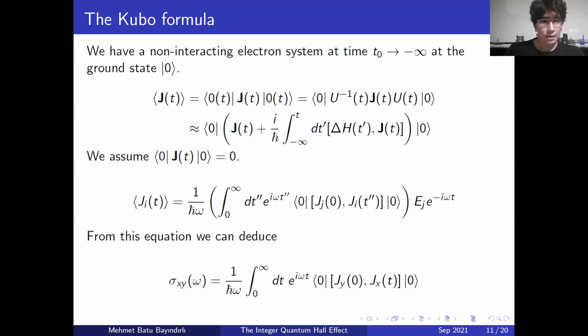Let me just say that when we have used these relations and an expansion, we introduce an electric field in time, and when we have not introduced an electric field, we assume that the average current is 0. So this is our assumption.